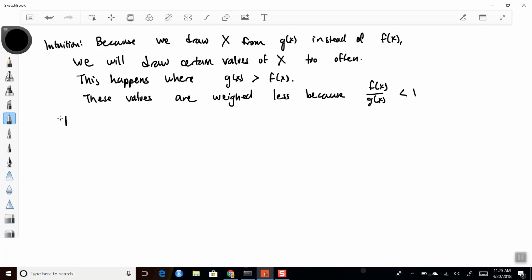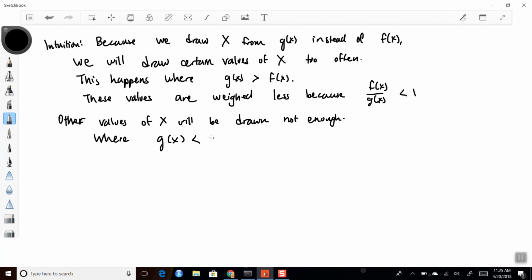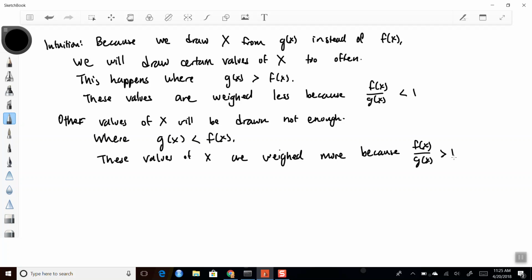And other values of x will be drawn not enough, okay? This is where g of x is less than f of x, okay? But these values of x are weighed more heavily because f of x over g of x is greater than 1.